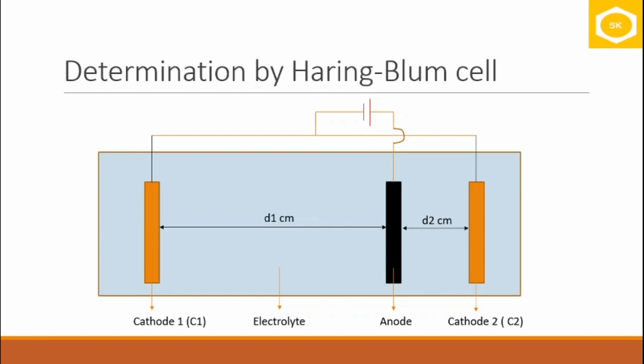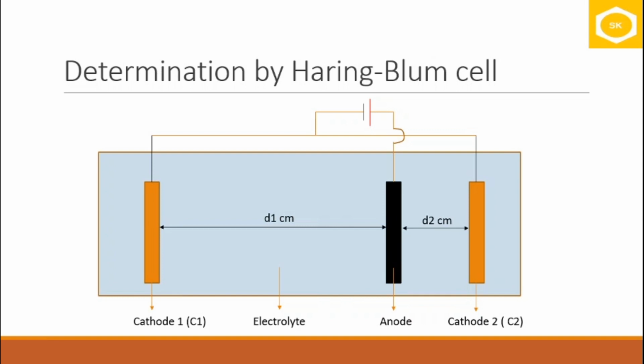Overall, what we will be measuring in this experiment is the distance between anode and cathode 1, distance between anode and cathode 2, and the amount of metal that will be deposited on cathode 1 and cathode 2. Using these measurements, we will be calculating the percentage of throwing power of a plating bath solution or an electrolyte.